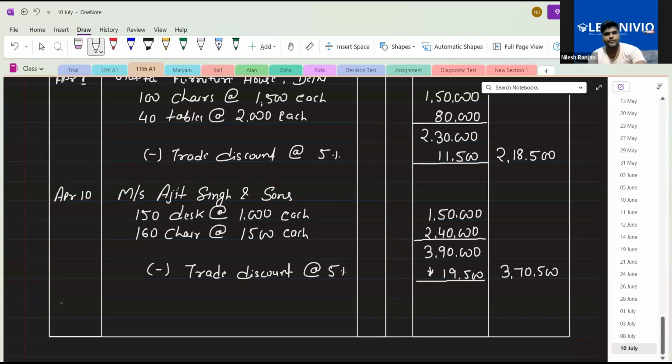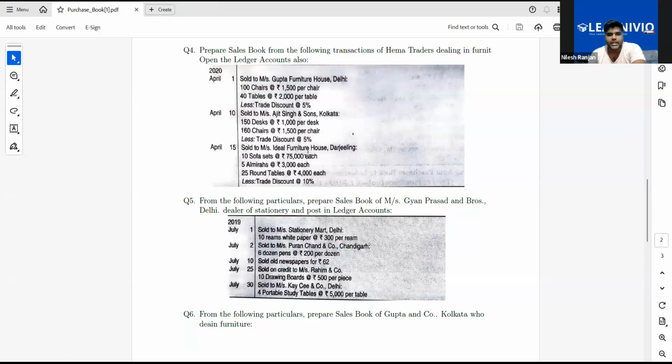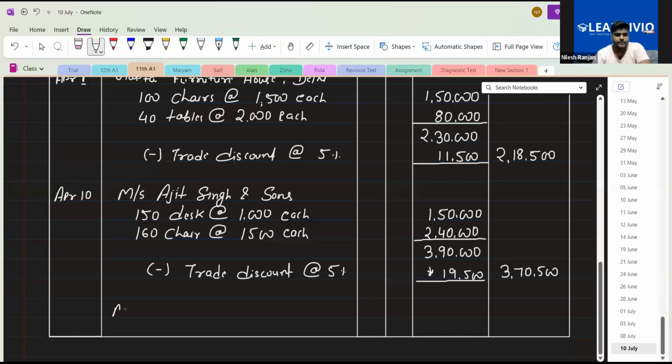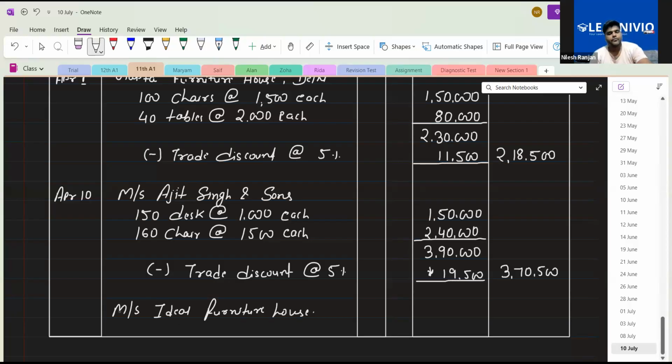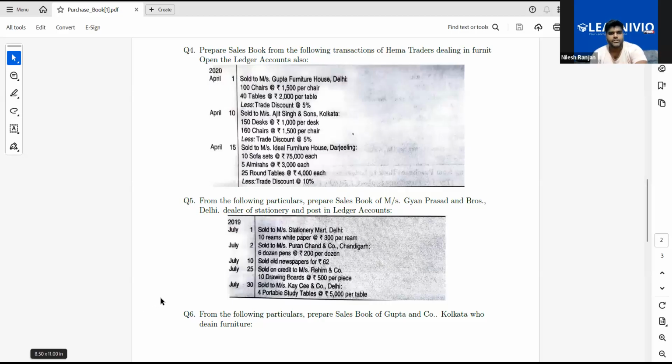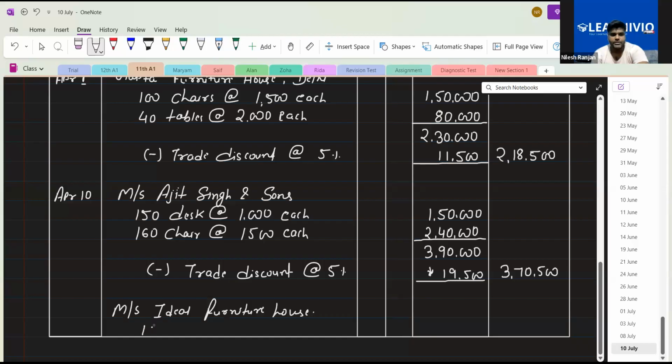The third transaction is sold to Messrs. Ideal Furniture House, Darjeeling. There are three items now. Ideal Furniture House. 10 sofa set, 75,000 each.